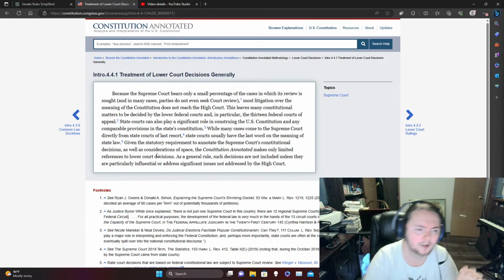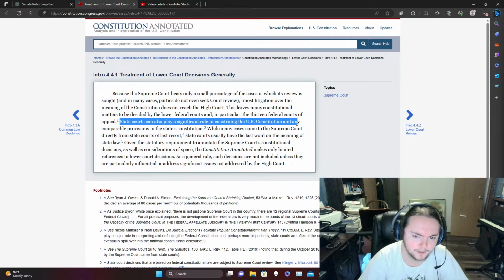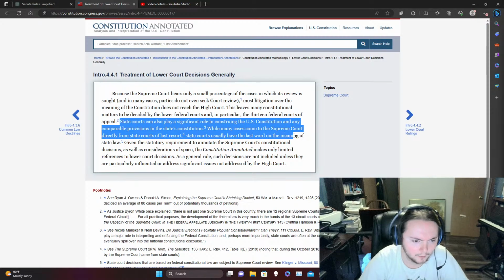This leaves many constitutional matters to be decided by the lower federal courts, and in particular, the 13 federal courts of appeals. State courts can also play a significant role in construing the U.S. Constitution and any comparable provisions in the state constitution, while many cases come to the Supreme Court directly from the state courts as state courts of last resort.